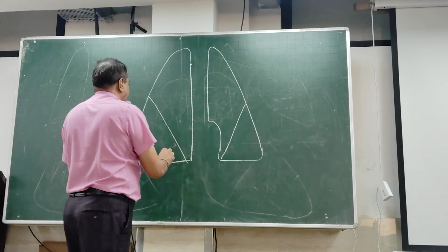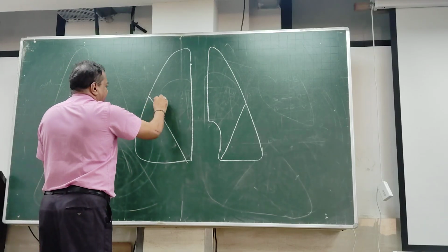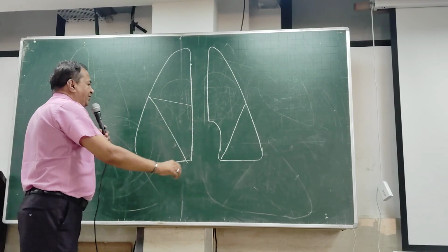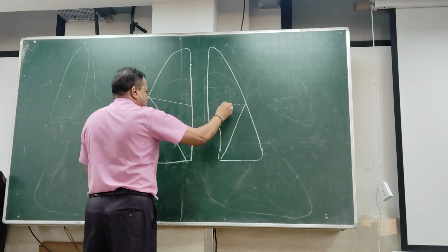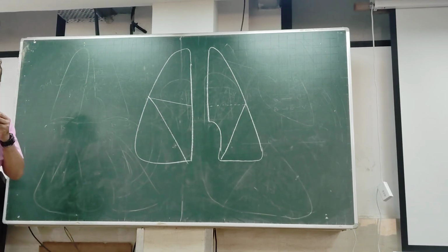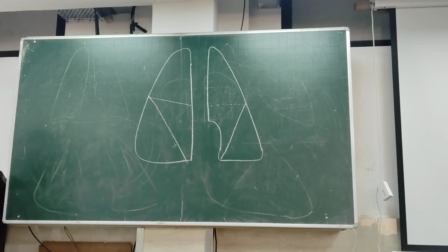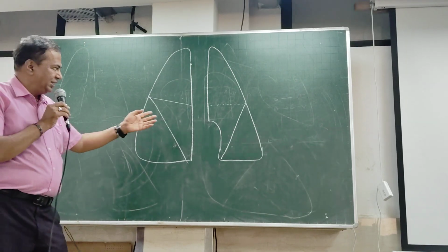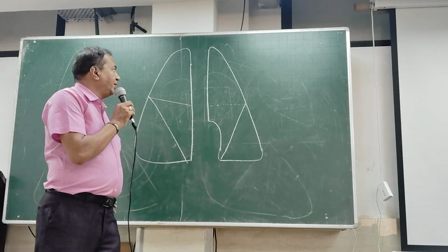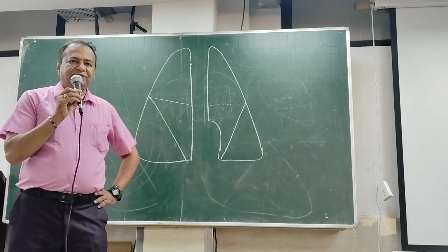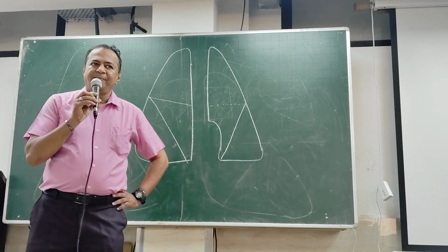On the right side there is also a horizontal fissure. On the left side this also exists, but is not seen. So we say that the right lung has 3 lobes and 2 fissures, while the left has only 1 fissure. Okay? Horizontal fissure and oblique fissure.